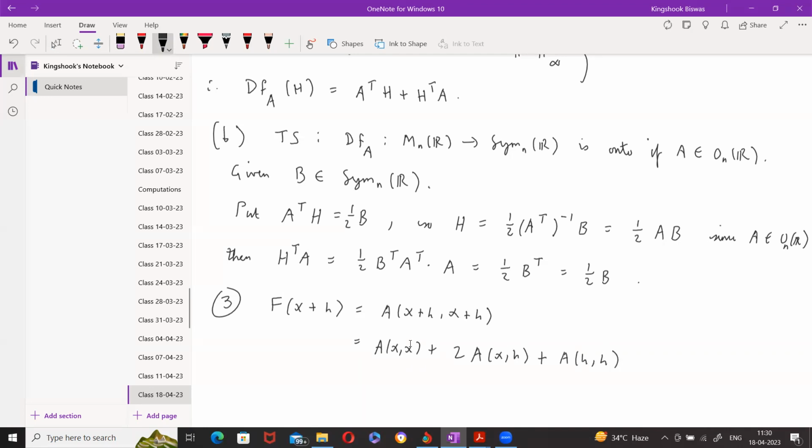Okay. So this is your f(x) plus a linear term.